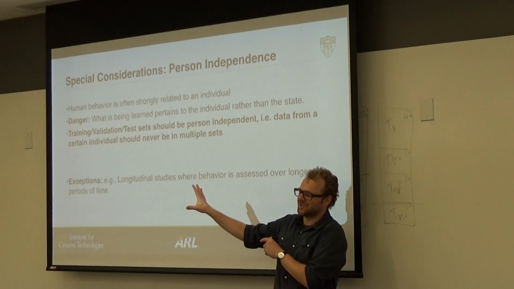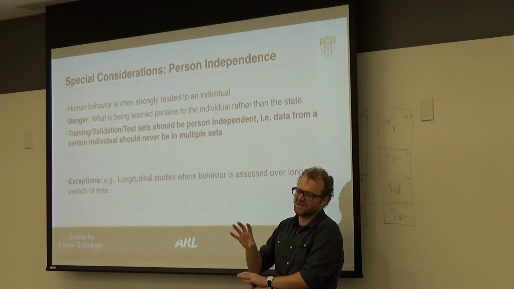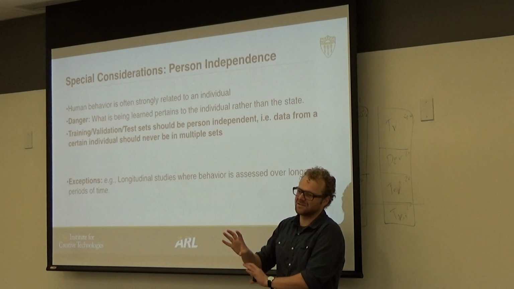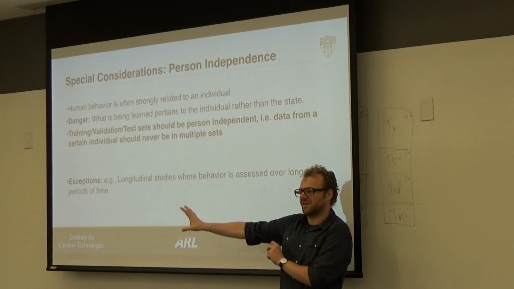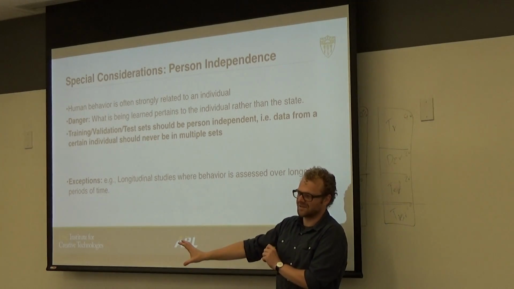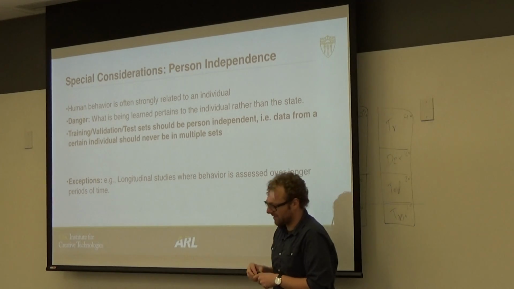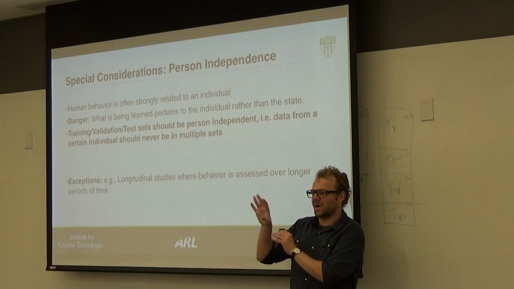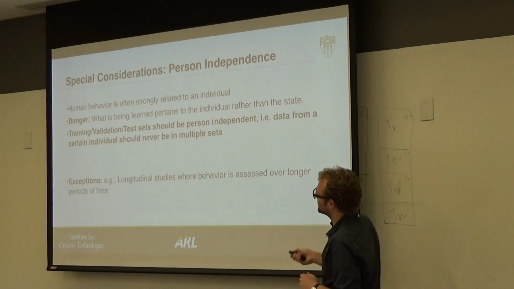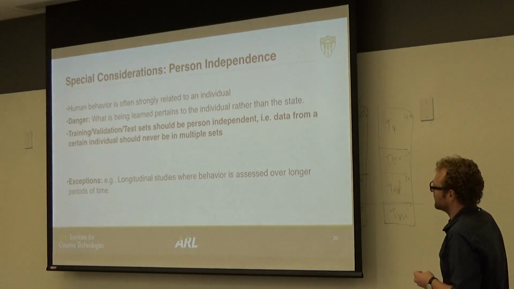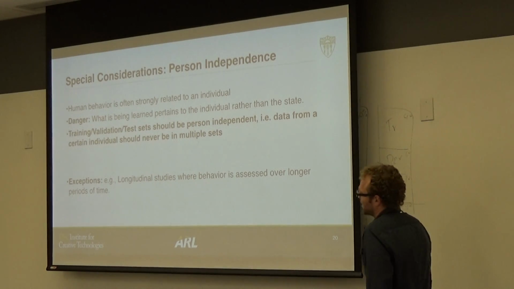And those 60% are in no other set, no validation and no test set, okay? Then you have 20% that go into the validation set and 20% into the test set. If you do this split right away in the beginning, you're not running into any of these issues and you're doing a really cool study on human behavior.